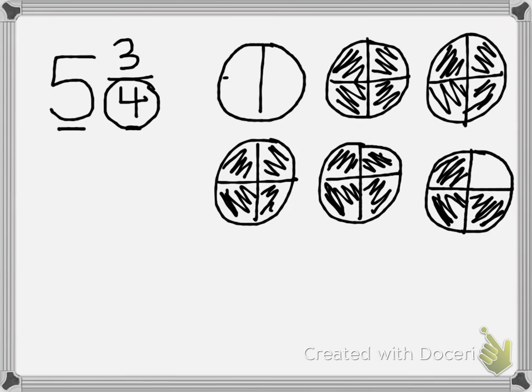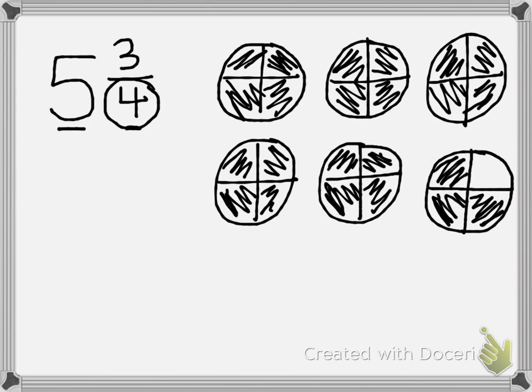So I'm going to shade in every part, all 4 parts of every model. And the last one, every part. Okay, so I shaded in every part of my wholes, and now I need to count how many parts there are. So let's see.